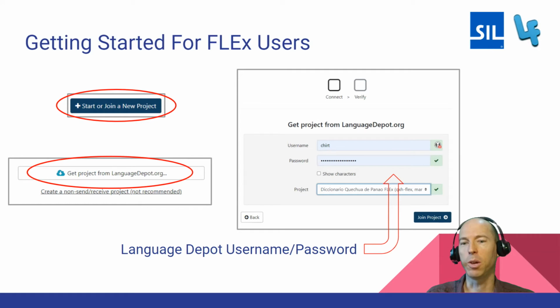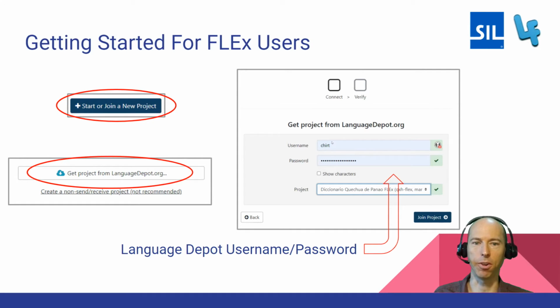When you log into Language Forge for the first time, there's a button that says start or join a new project. You click this button and then immediately click the next button for getting a project from Language Depot. It presents you with a login screen, and the important part about this, and admittedly this is confusing, is that it asks you to enter your Language Depot username and password.